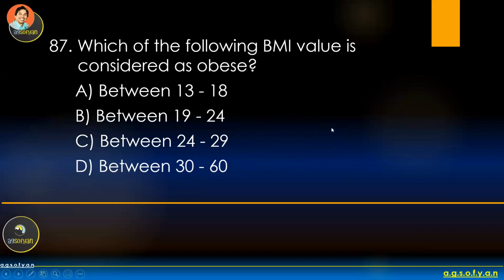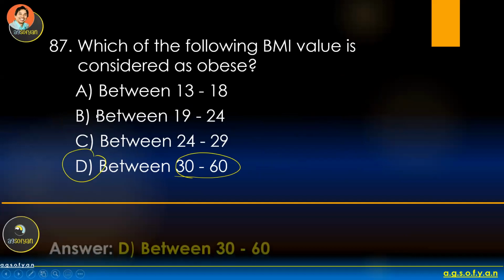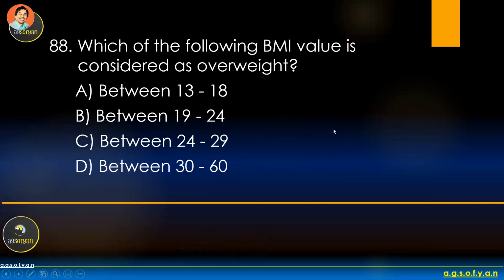Which of the following BMI values is considered as obese? Okay, we already mentioned above 30 is considered as obese. Which of the following BMI values is considered as overweight? Okay, overweight is between 24 to 29.